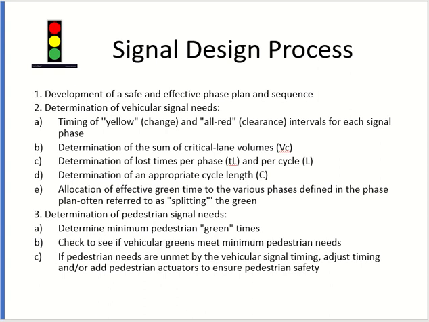Every movement has one phase, in which that movement will have green, yellow, and all red. So the first step of design is to develop a phase plan which is safe and effective. Effective meaning that it should be suitable for the movements you have, and it should be safe.